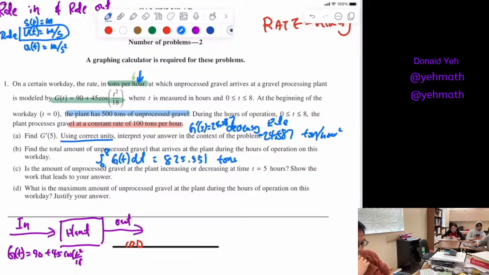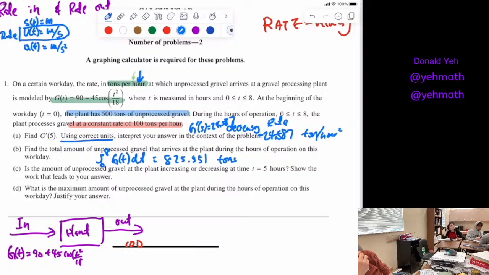Now, C is kind of tricky. How do I do C? Pay attention to what's the subject and what is increasing, what's decreasing. What is the subject here? The process. What was the question?